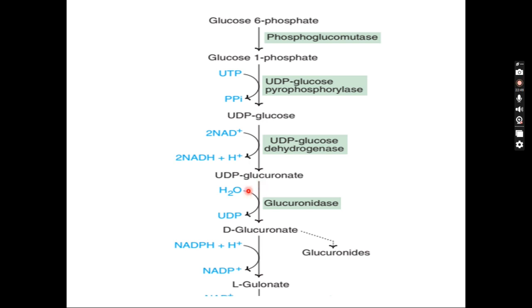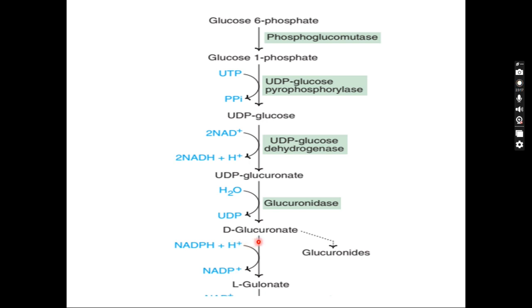Then there will be a hydrolysis reaction, and the enzyme involved is glucuronidase. In this case, the UDP is removed from the glucuronate, and what will be produced is the D-glucuronate.